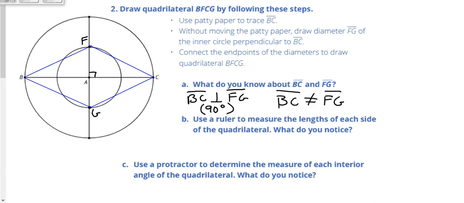All right, so go ahead, and the next thing says to take a ruler and measure the lengths of each side of the quadrilateral. So we're going to measure BF, FC, CG, and BG. Go ahead and measure those again in centimeters.